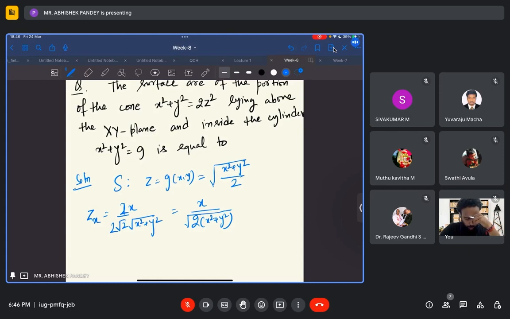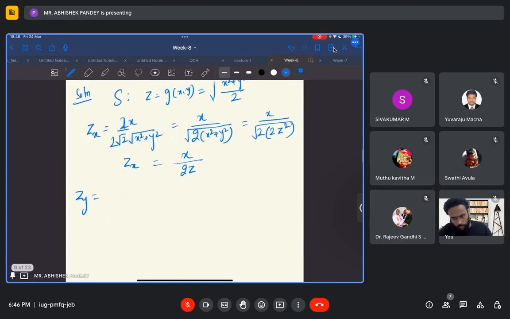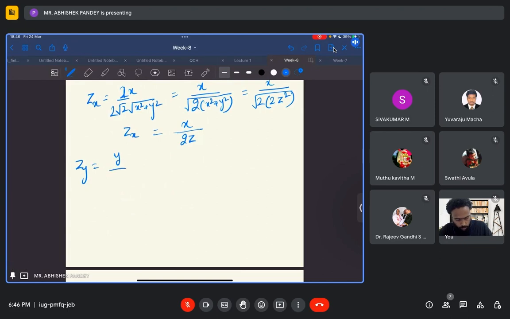This is fine. So you can write it as x by... x square plus y square is 2 into z square. So this is basically x by 2z. This is your zx. Zy is again in a similar way, y by 2z.